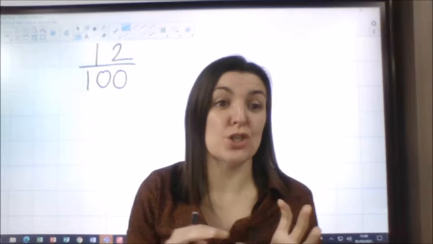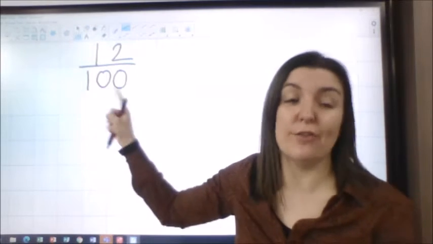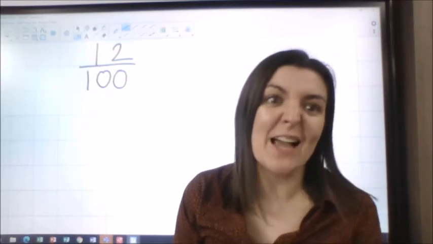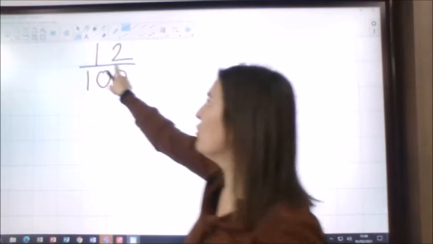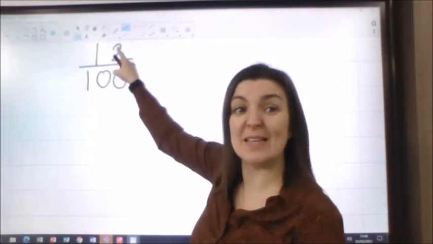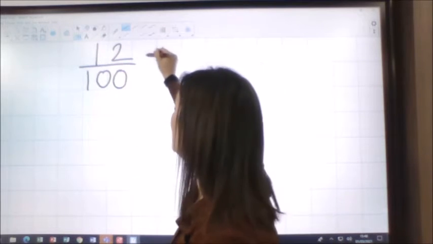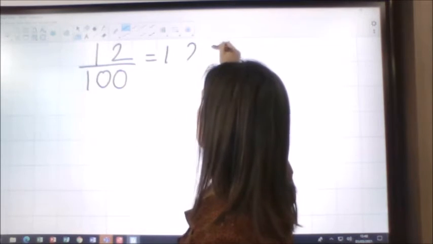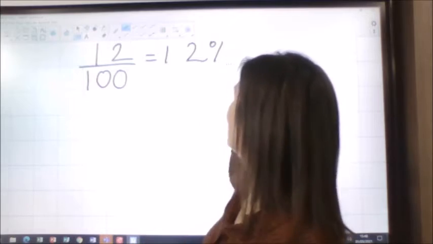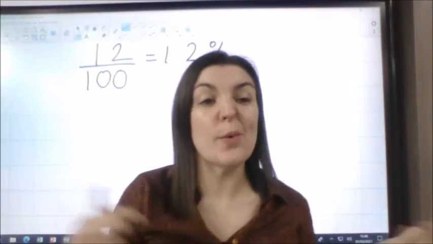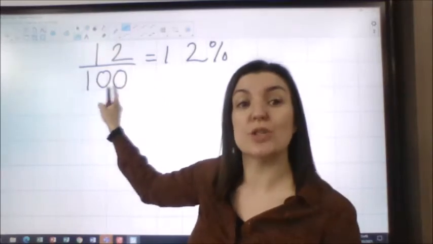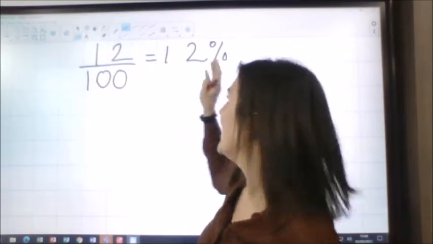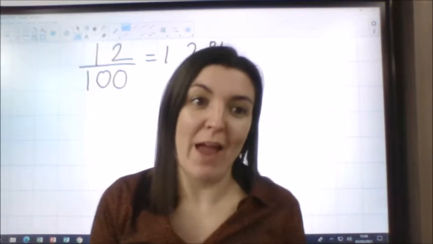Okay, so if your fraction already has a denominator of 100, then writing it as a percentage is really easy. If your fraction already has a denominator of 100, that means it's 12 out of 100, then it will be 12%. So an example of this is, say you had 100 sweets and 12 out of 100 were red, then 12% would be red.